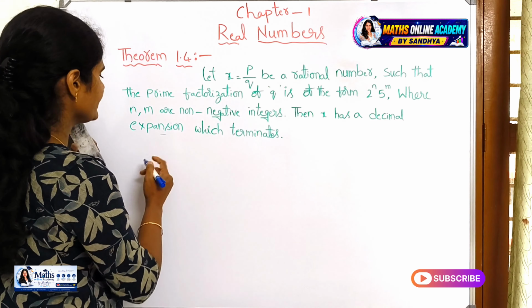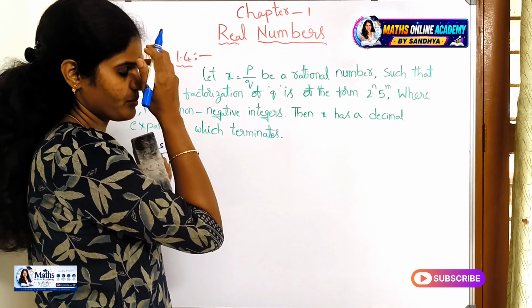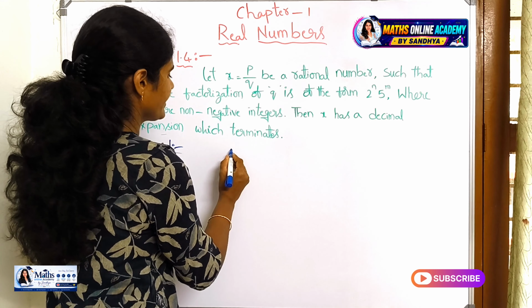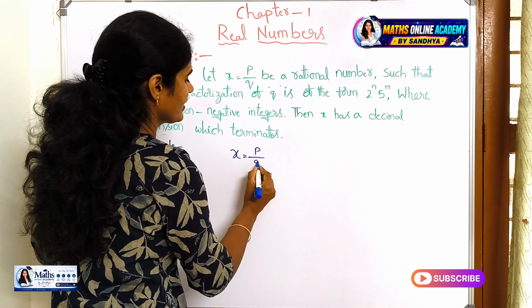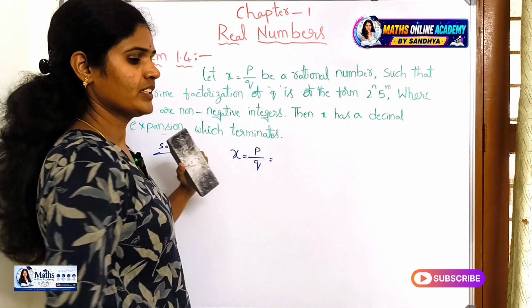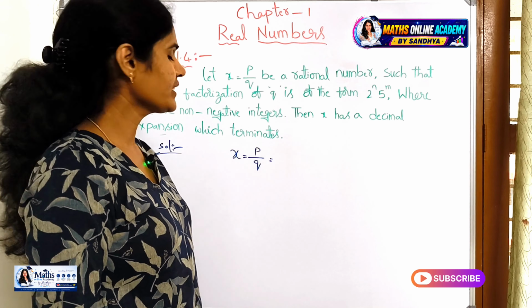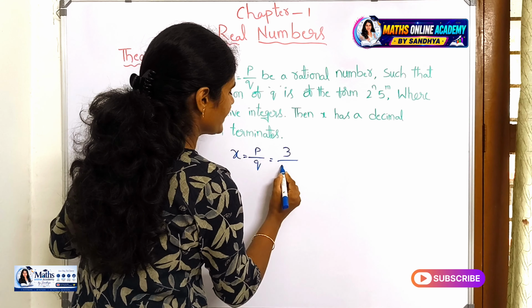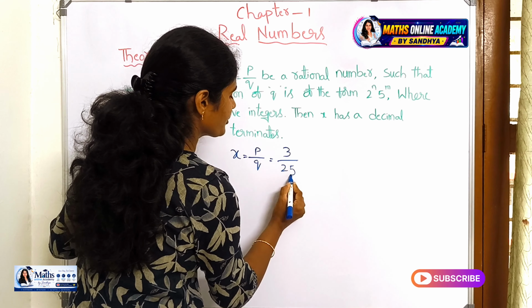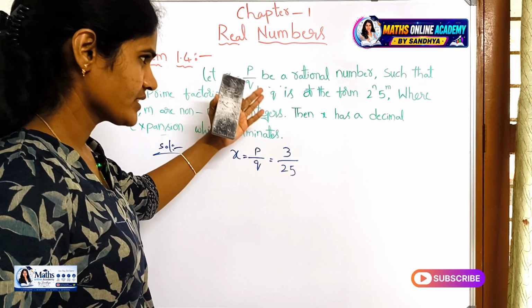So for that, let's take one example. Here x equal to p by q, we take 3 by 25. For this example 3 by 25, we have to show that it is a rational number.